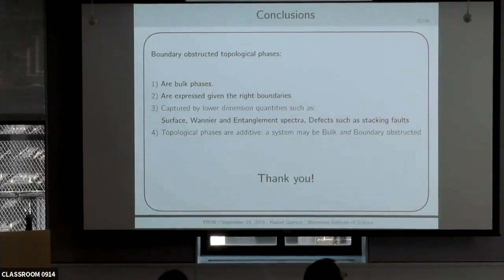So we did not attempt to classify it, but I think it would be a relatively straightforward generalization of the classification of 2D systems, of lower dimensional systems. Except that you have to account for the fact that you have periodic boundaries in the Wannier spectrum, and that symmetries act in the Wannier spectrum, like you were saying, such as particle-hole taking one band to another, so there are extra mirror symmetries in the Wannier spectrum. We didn't go in that direction at all, but I think that's a really interesting question.